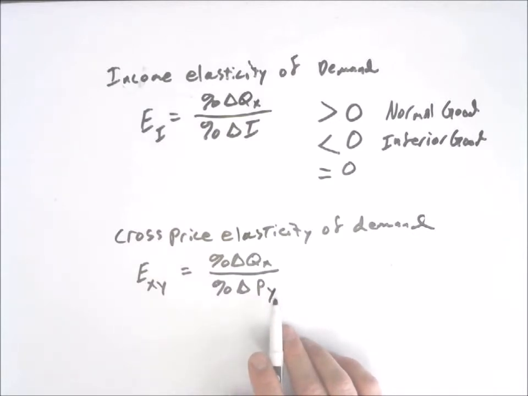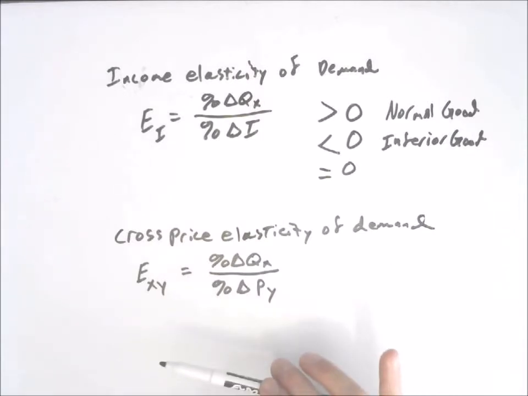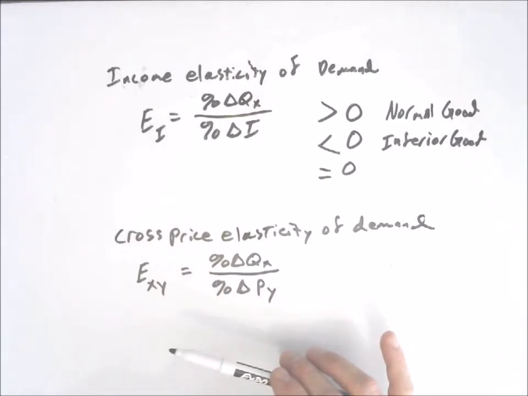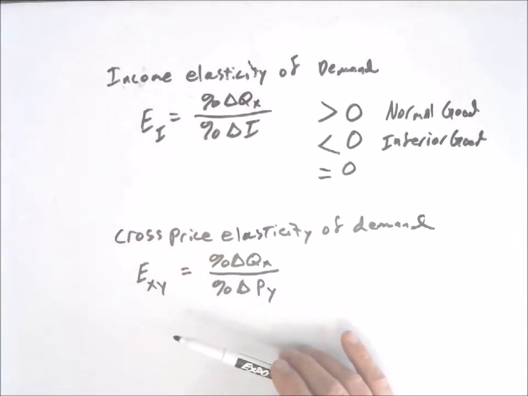We remember when we explored changes in the price of related goods beforehand, we had complements and substitutes. A complement was characterized by this: if I increase the price of a good, the demand for its complement would fall.